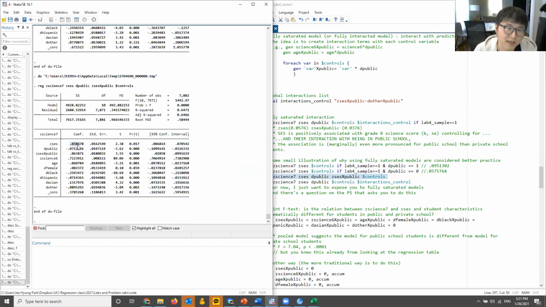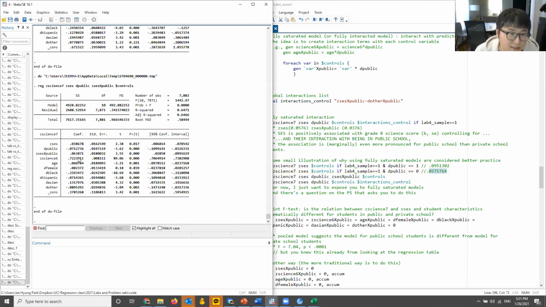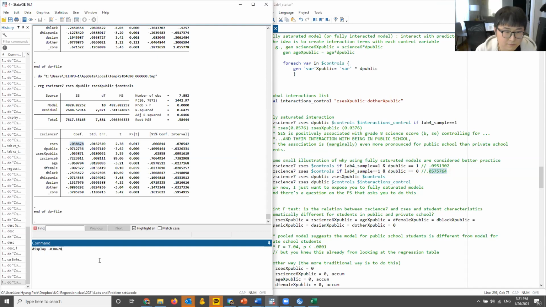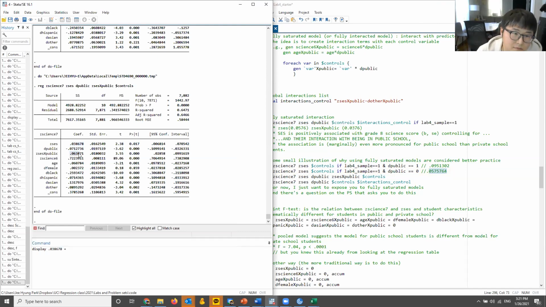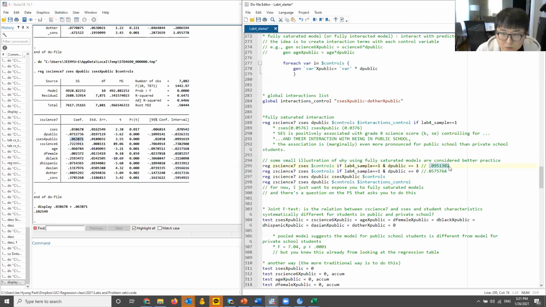That's 0.38 something. That is not what I thought it would be. That's not the same. If I add these two, that's 0.1025. That's close, but it is also not the same.